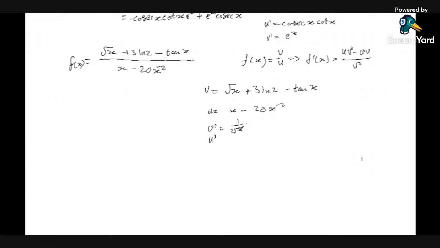It's 2 square root of x over that one. And then now you have minus 20, which is plus 20, which is just 40, of x to the minus 3.